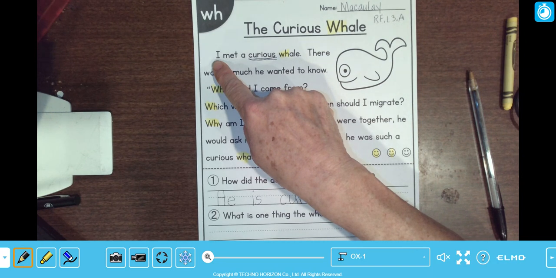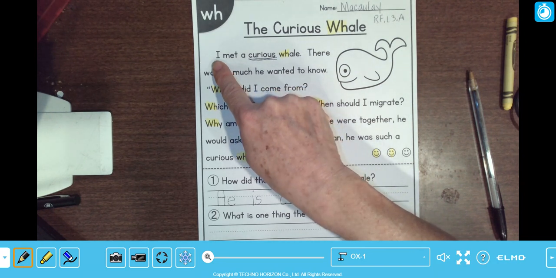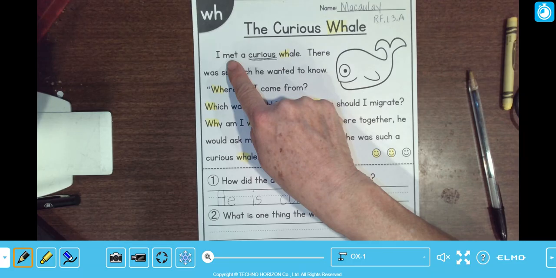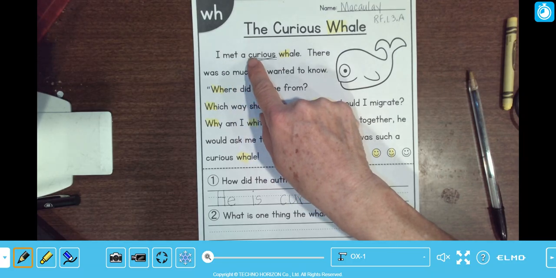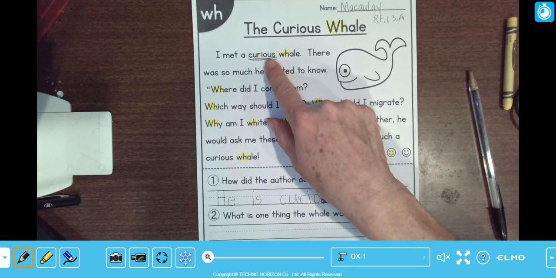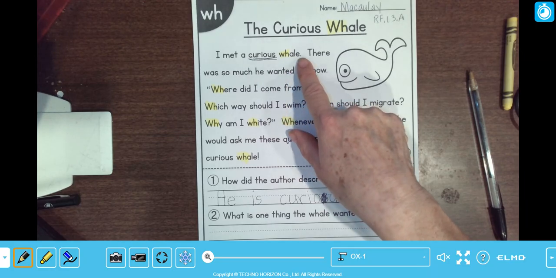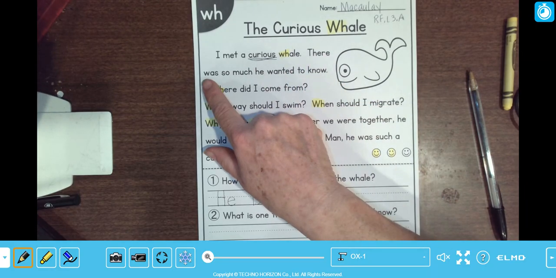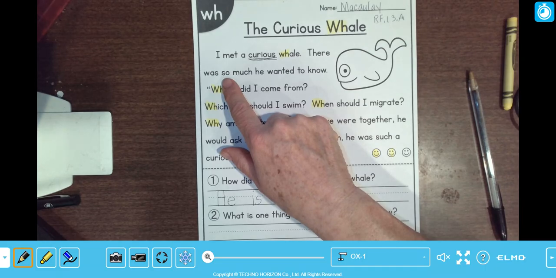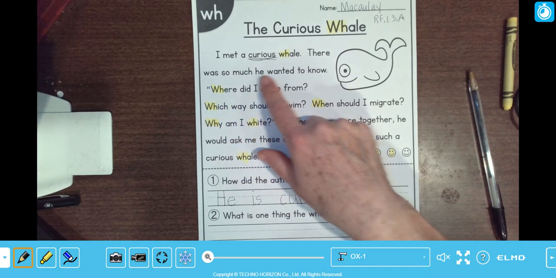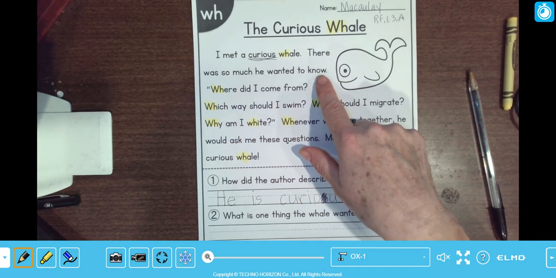Ready? Begin. Together. I met a curious whale. There was so much he wanted to know.